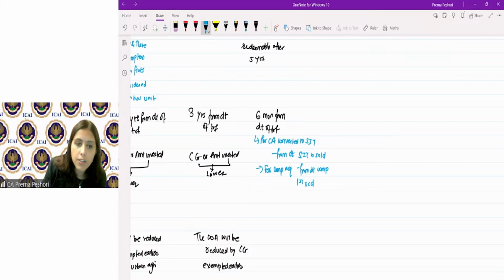And the condition is if the capital asset is transferred or redeemed, converted or loan availed before 5 years, then the capital gain exempted earlier, which was of course the long-term capital gain only, will be taxed as long-term capital gain exempted earlier, taxed in the year of violation.